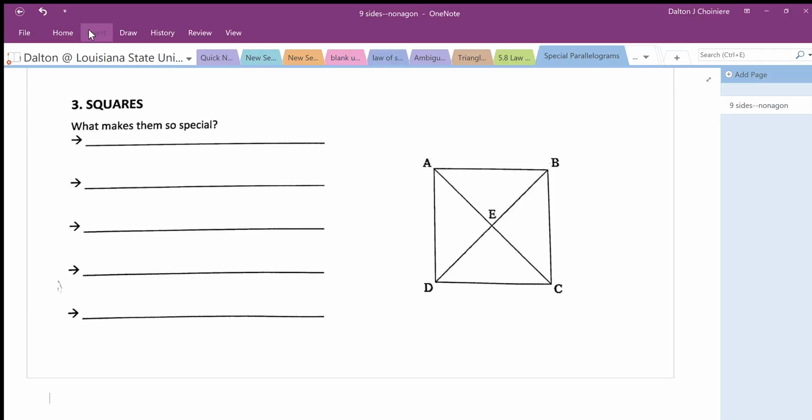Okay, what we're going to do is look at the file printout. Do they have the rectangle sheet as well? Okay, so look at the 6-4.